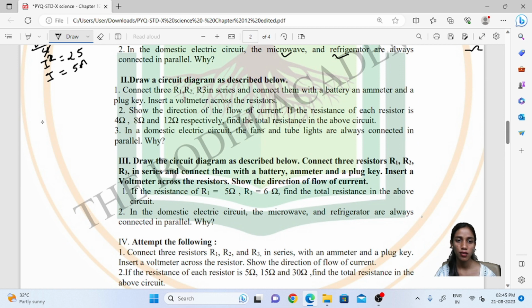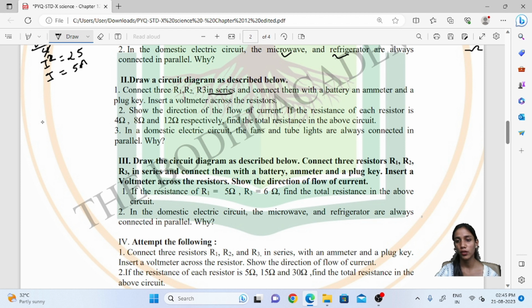Connect 3 resistors R1, R2, R3 in series and connect them with a battery, ammeter and plug key. Insert a voltmeter. So again you have to draw the circuit diagram in series connection. Show the direction of the flow of the current. If the resistance of each resistor is 4, 8 and 12 ohms respectively, find the total resistance in the above circuit.